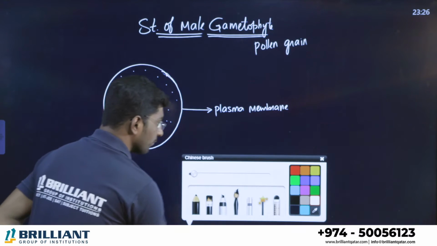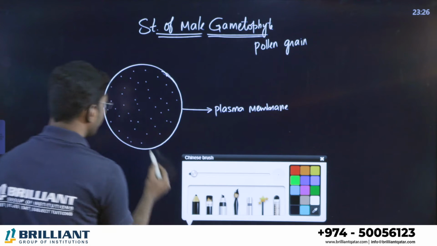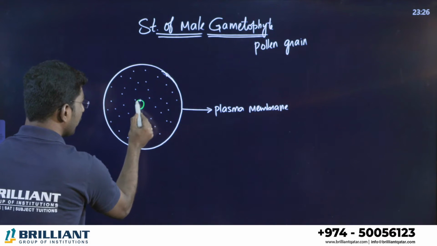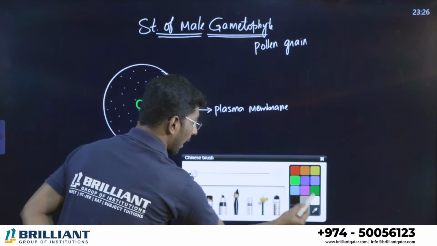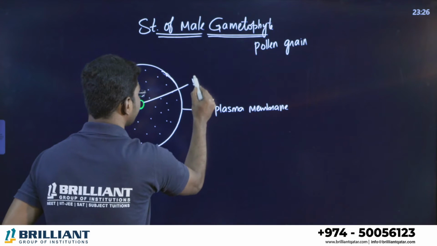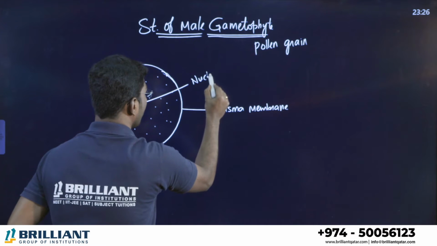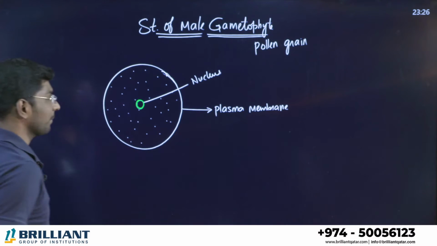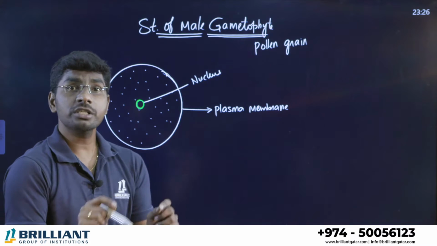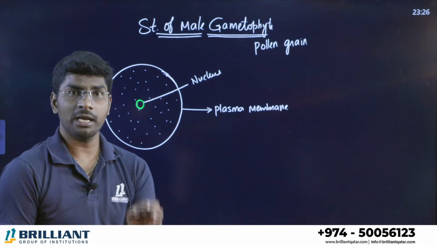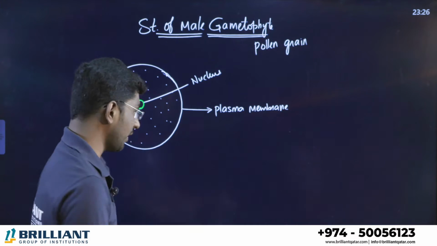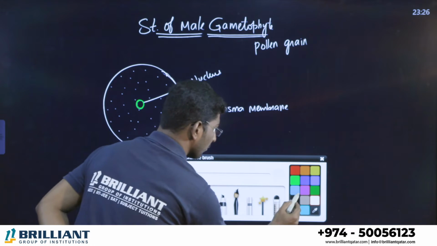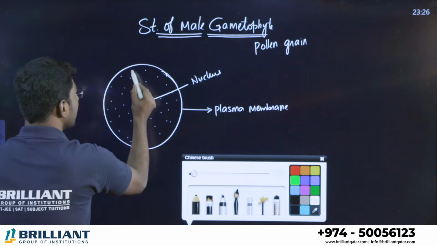And in the middle of the cytoplasm, a haploid nucleus is present. So I can tell you this one is the haploid nucleus. Fine. Outside of this plasma membrane there is one layer, which we know as intine.